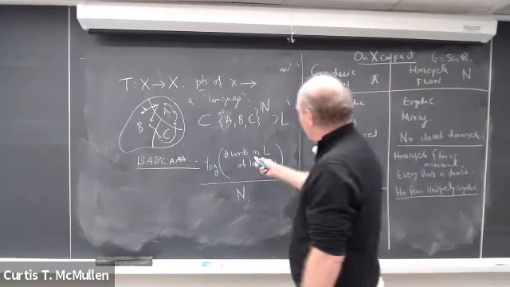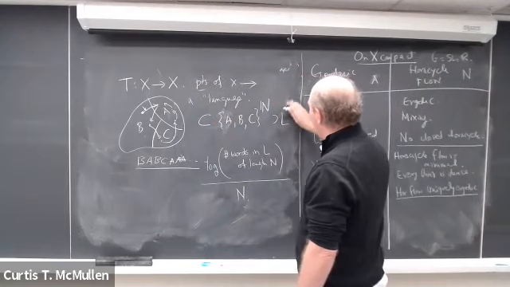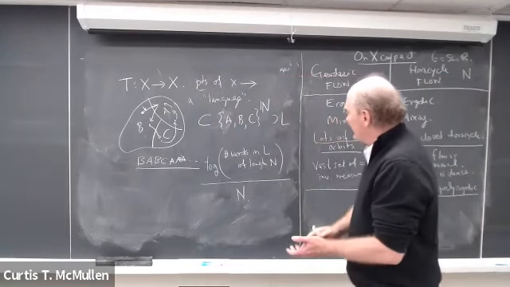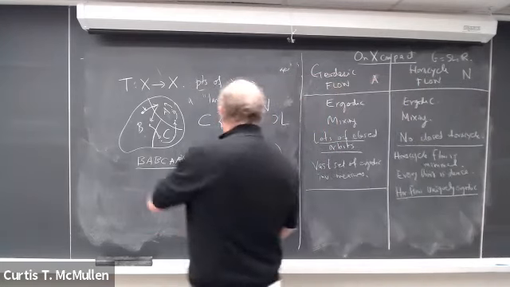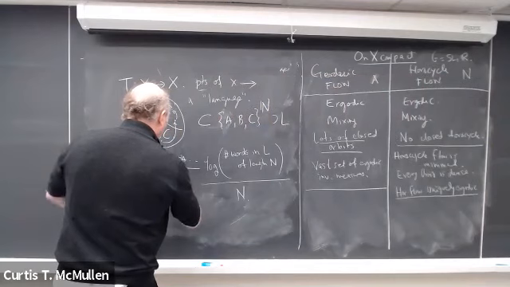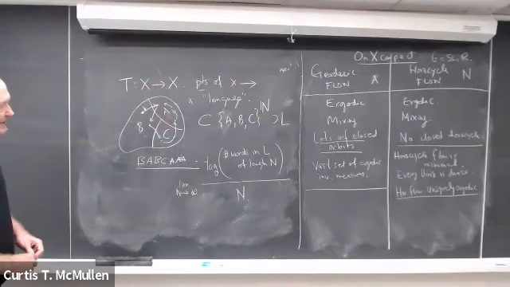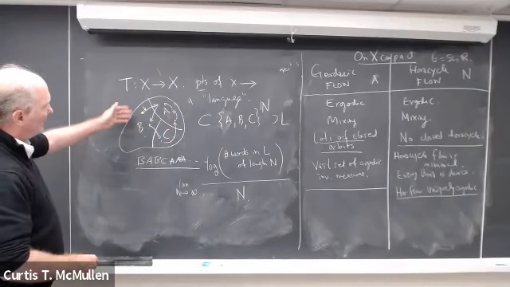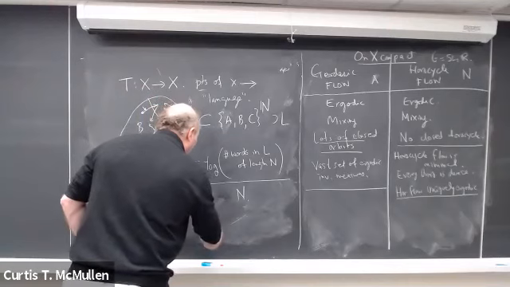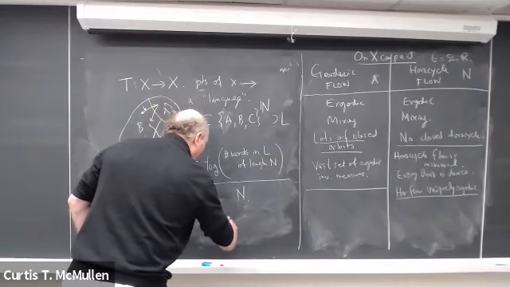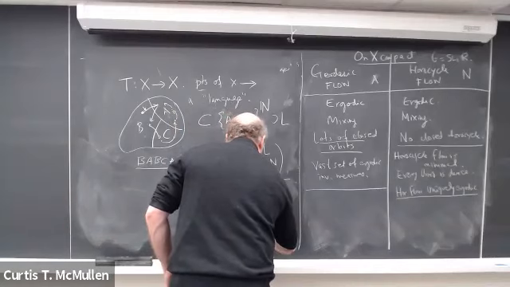And this quantity, if the number of words in the language grows like e to the delta n, then this quantity will converge to delta. And so the limit here, as n goes to infinity, and of course you would have to discuss whether or not this exists. In fact, it does, although you may need to keep refining the partition to get a good invariant, is called the entropy of the dynamical system T. The entropy.